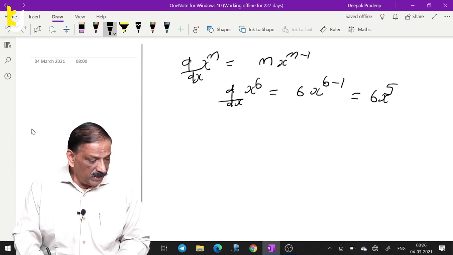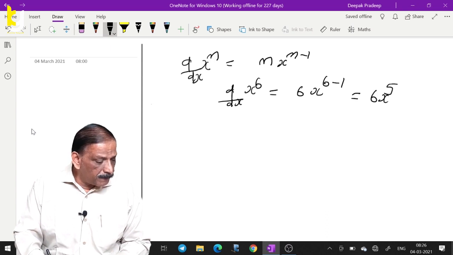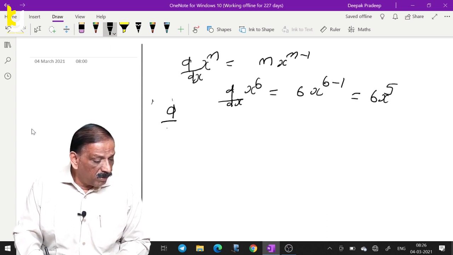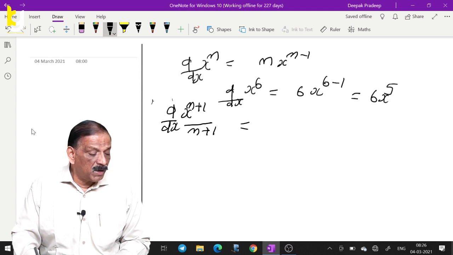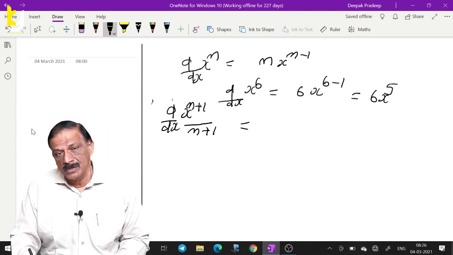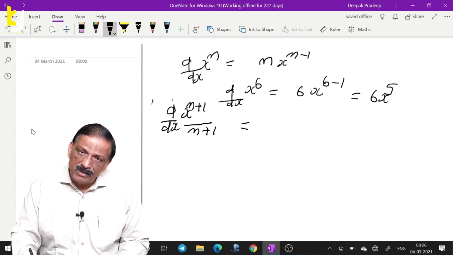Now, we know d by dx of x raised to n plus 1 by n plus 1, what is that? Because we know d by dx of x raised to n equals n x raised to n minus 1.